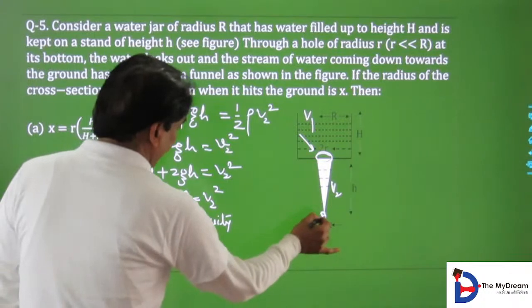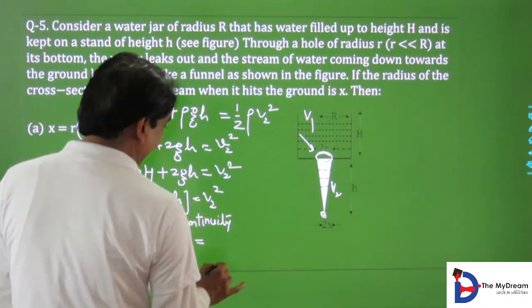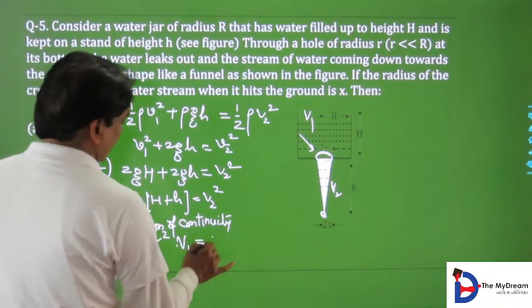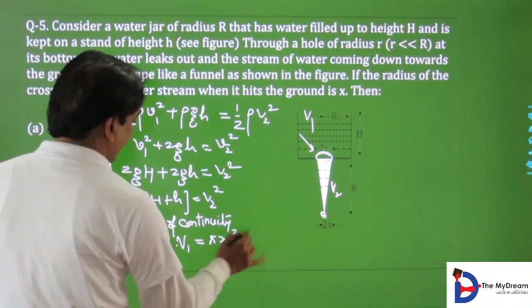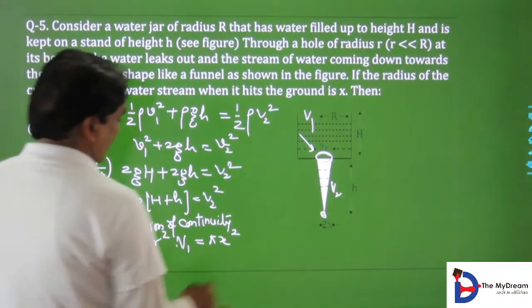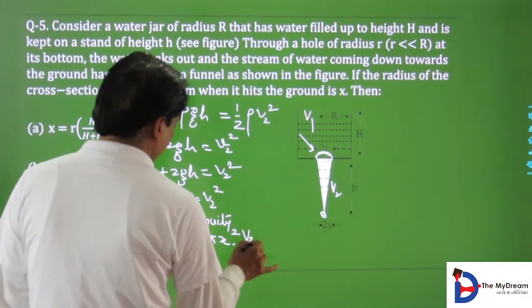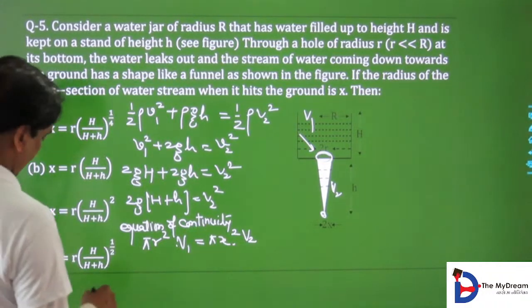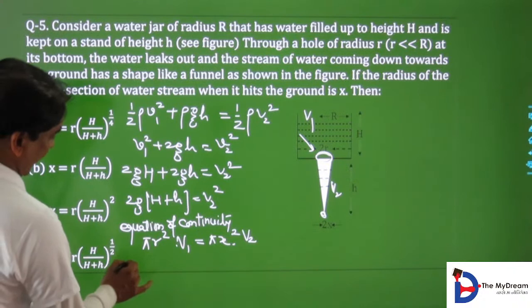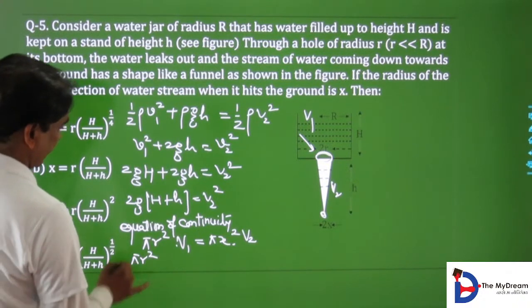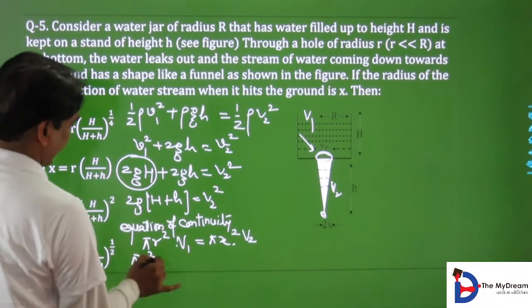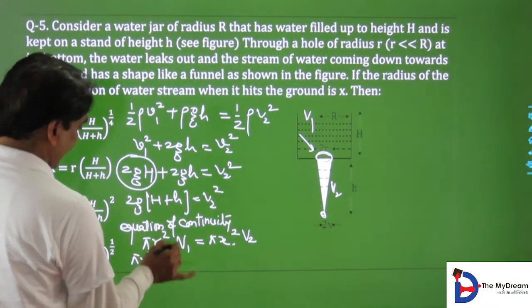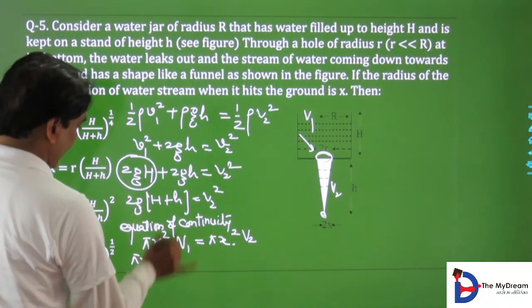Here the radius is considered x, pi x square, and the velocity is v2. v1 is given to you, that is pi r square, this is 2gh, the square of v1.